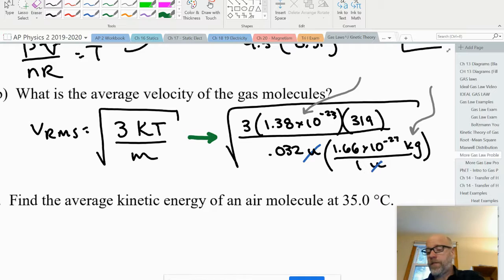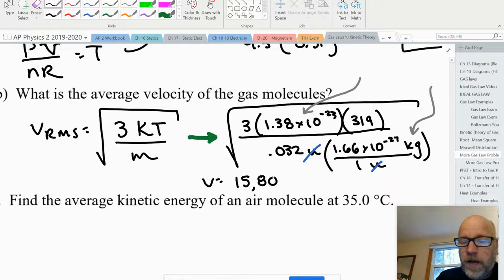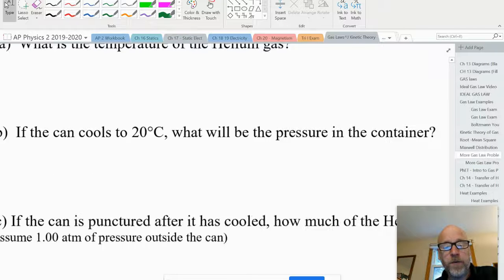Oh, yes, but I forgot to take the square root. And I end up with 15,800 meters per second. Ooh, this gas is moving. 15,767, but I'm going to call that 15,800 meters per second. Now, I hope that's the answer on the bottom, because I'm not redoing this video.